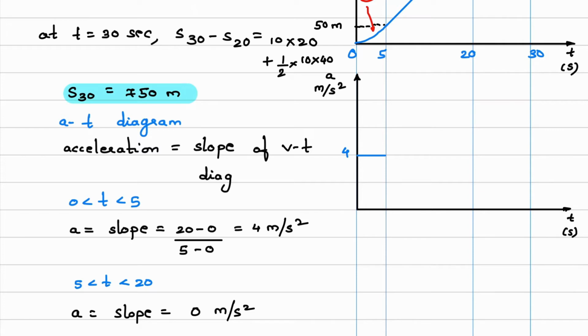Then for the time period, we will write down on the x-axis 0, 5, 20 and 30. Then when time is between 5 and 20 seconds, acceleration is 0. So acceleration will be over here 0.